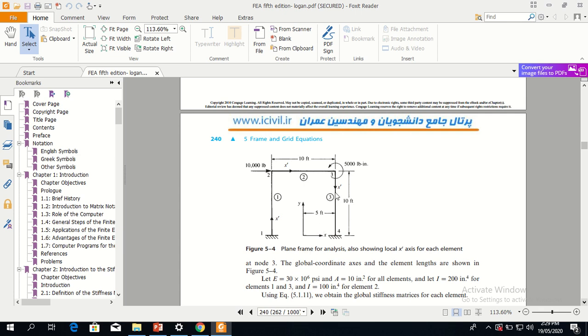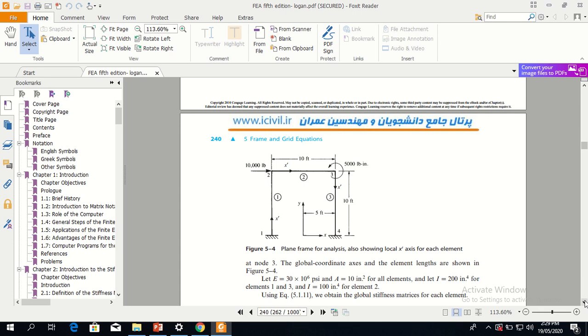So angles are given. Now we will use equation 5.1.11 to find the local stiffness matrices for these three elements 1, 2 and 3, and then add them together to find the global stiffness matrix.